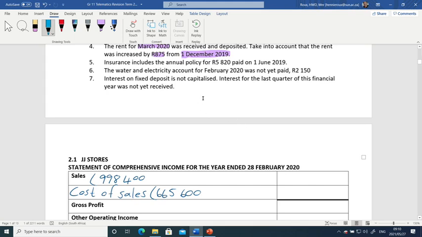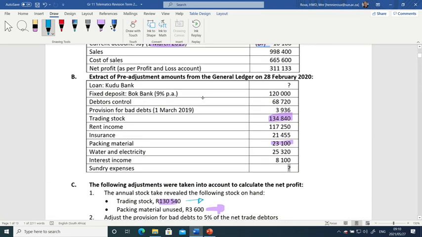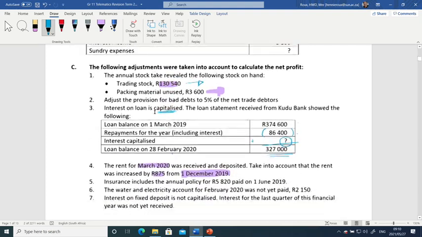They don't give us any amount, so we have to look at the information given. Fixed deposit, we are supposed to receive interest 9% per annum, and the amount for the fixed deposit is 120,000. And we haven't received for the last quarter.